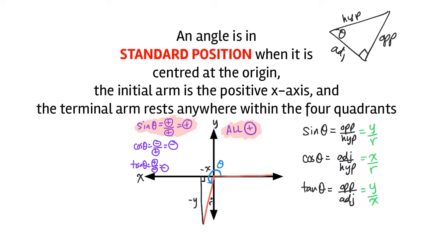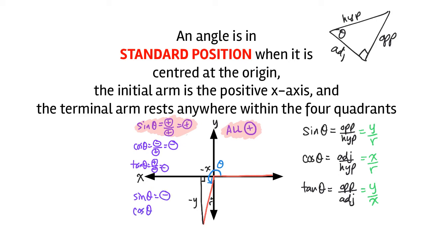So now this time, when we're looking at the sign of each of those trig ratios, we know that any of them that involve a y or an x only with the radius, those will be overall negative because they have one positive value of radius and one negative value of either x or y. So those are sine and cos. Sine is going to be negative here because it's negative y over a positive r, so overall negative.